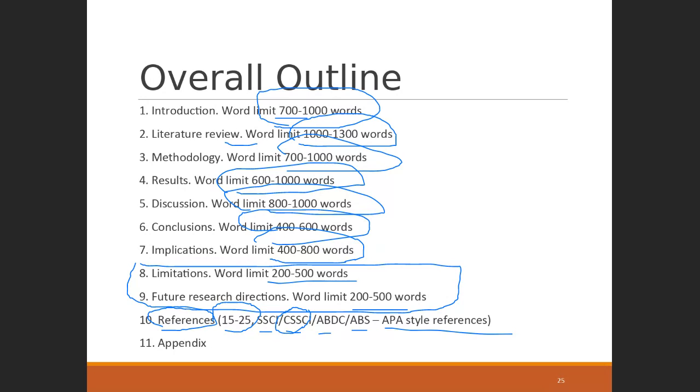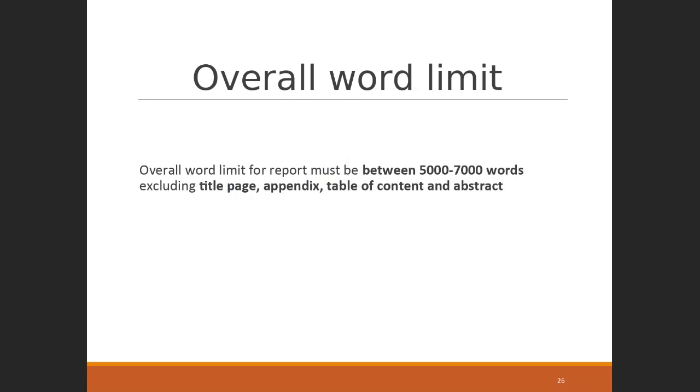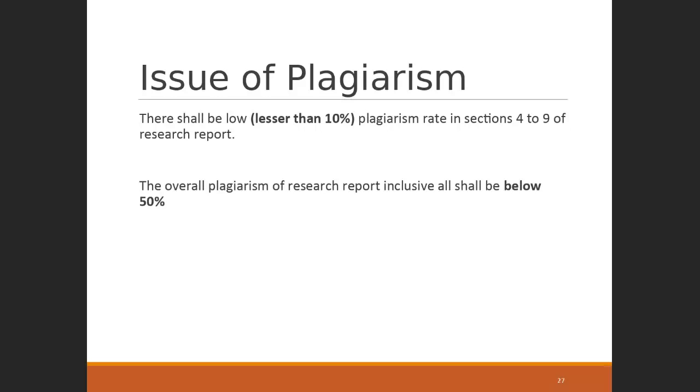Okay, so this is the overall outline of your research report. Your overall word limit must be between 5,000 and 7,000 words, excluding the title page, appendix, table of contents, and abstract. Okay, so the issue of plagiarism is very, very important.